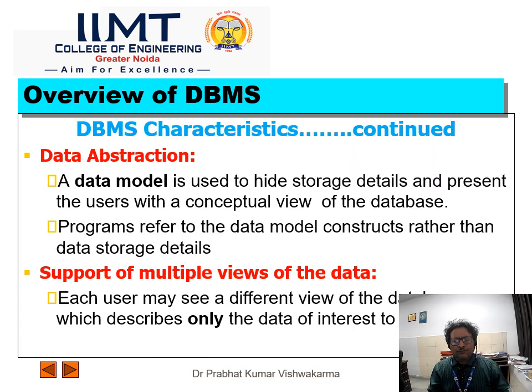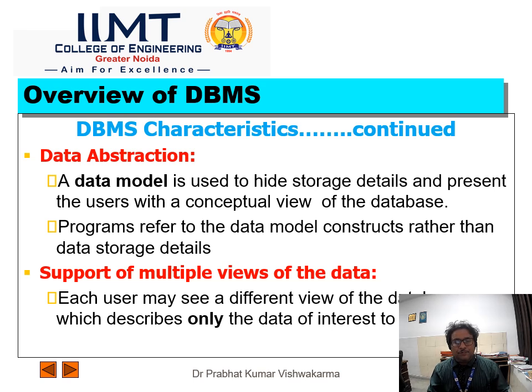Some more characteristics we shall look at. Data abstraction: data abstraction simply means that we hide the background details, and that's why data abstraction is a concept used in the data model to hide the storage details. Only the required information is supposed to be provided.